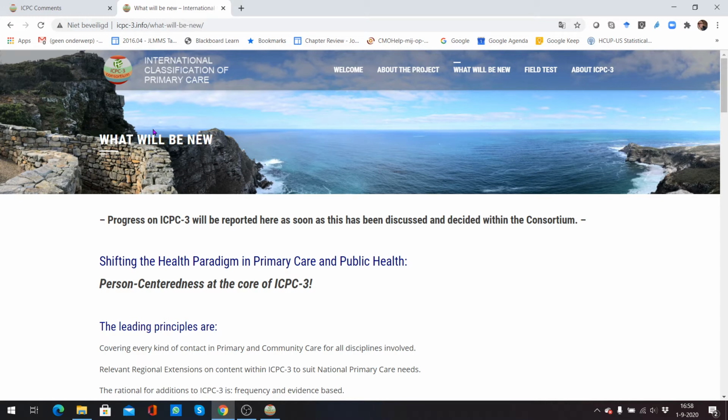How did we make the choices of the classes? The choice of classes, also called rubrics or categories, is based on the classes in the previous version of the ICPC, enriched by proposals from the WONCA Classification Committee and from the consortium members themselves. As it has always been, that choice of classes is based on frequency of occurrence and use in primary care.